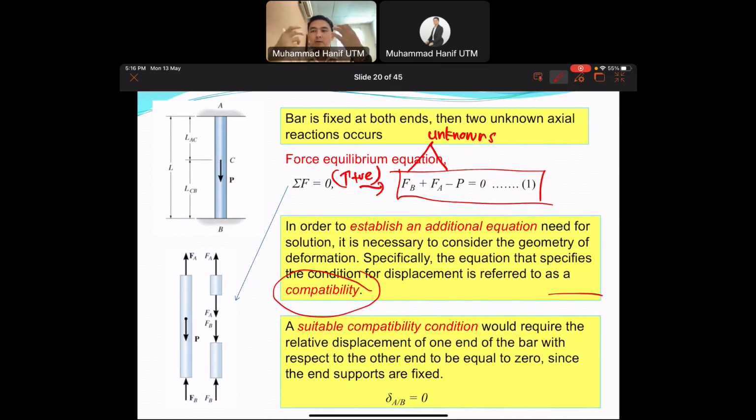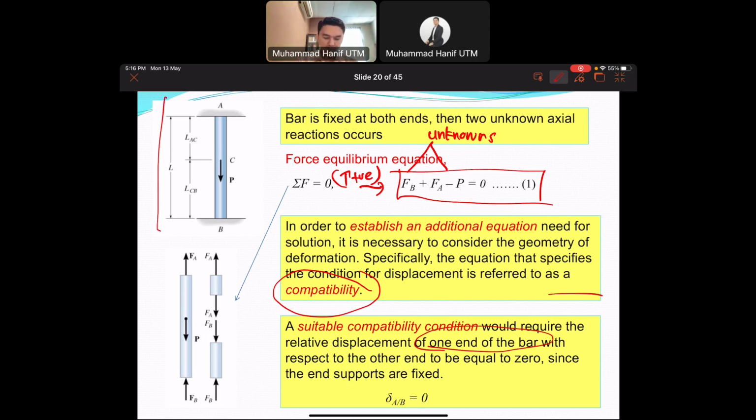The easiest way to understand is we have to make sure it is compatible. A compatibility condition would require the relative displacement of one end of the bar, we have two ends, top and bottom, so we just choose one, with respect to the other end to be equal to 0, since the end supports are fixed.